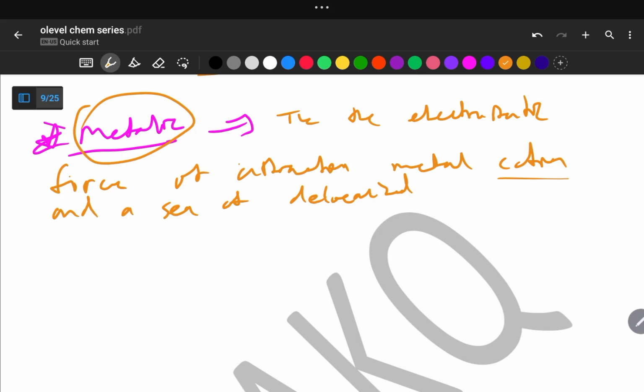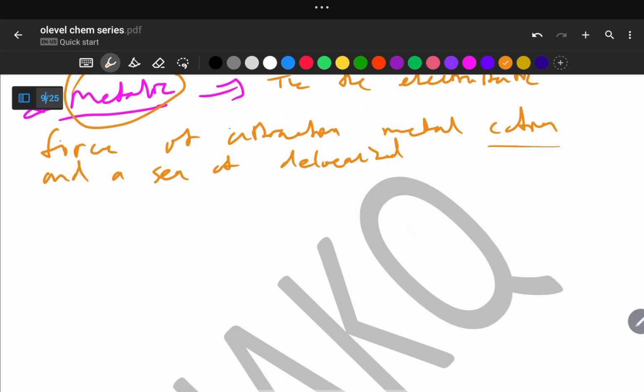So we have this type of bond between the metals, right? Let's say we are having sodium metal. Sodium will lose an electron, so we are going to have the sodium ion, and then the sea of delocalized electrons, right?